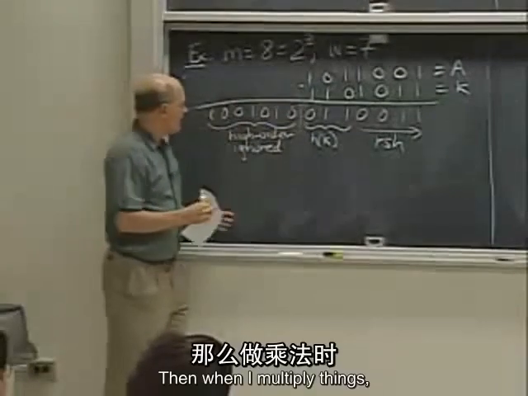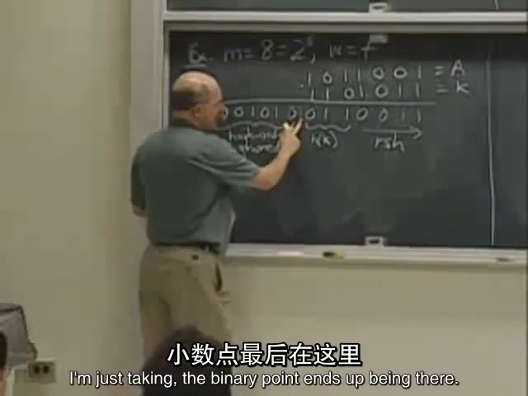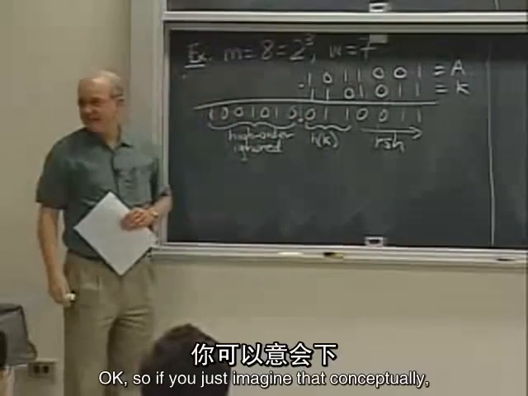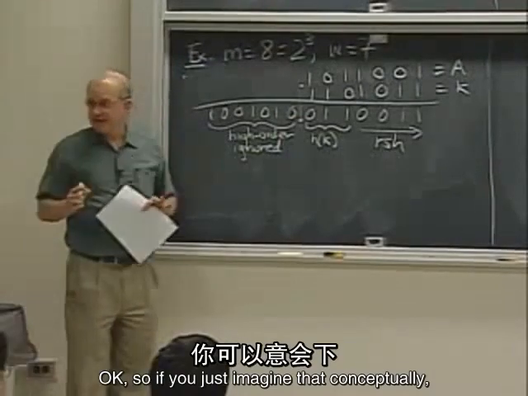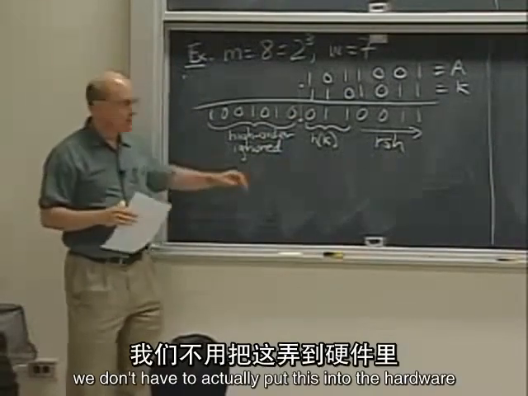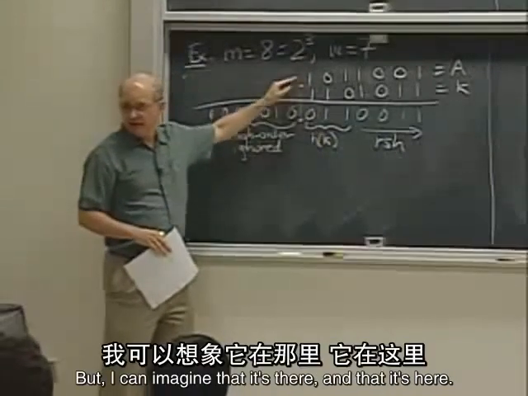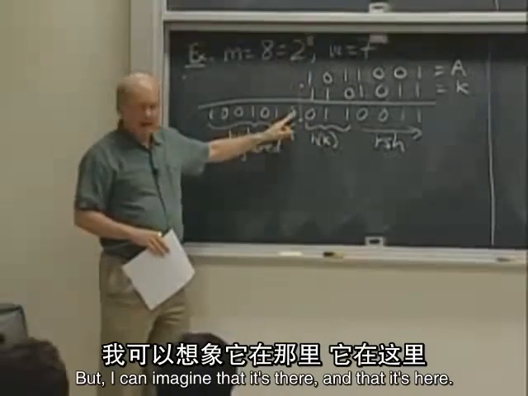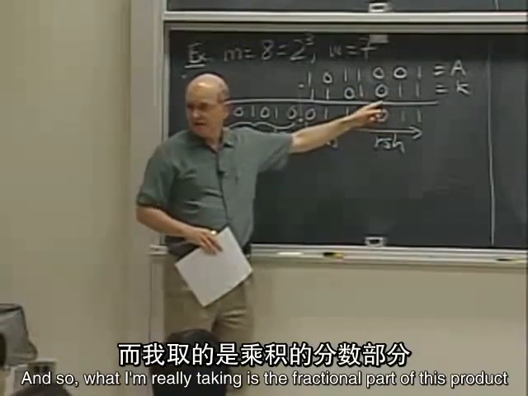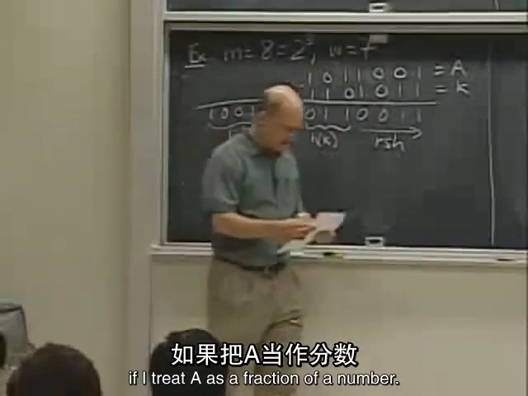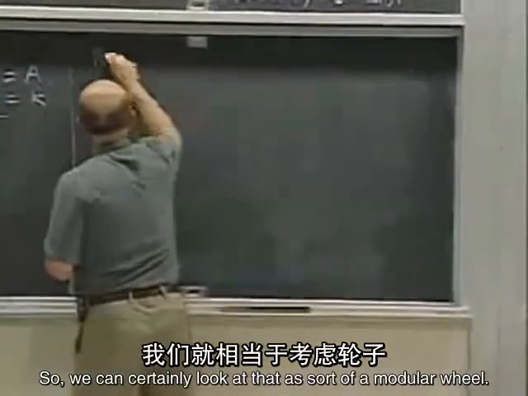Then when I multiply things, the binary point ends up being there. So if you just imagine that conceptually, we don't have to actually put this into the hardware because we just do what the hardware does, but I can imagine that it's there, and so what I'm really taking is the fractional part of this product if I treat A as a fraction of a number. So we can sort of look at that as a modular wheel.